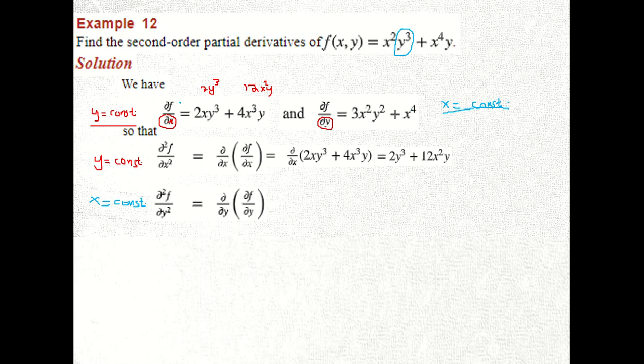Now when we solve for the second order partial derivative, this is what we are going to refer to. Differentiating partially with respect to y, x is constant, and 3 is constant. So we have to segregate this part and take the derivative only for this part.